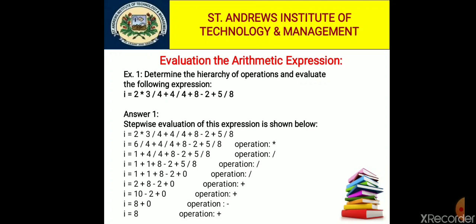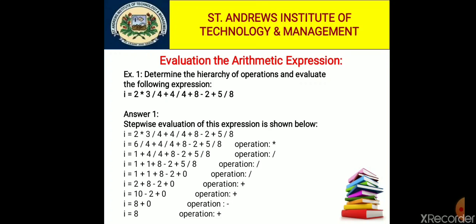So as we discussed above, we have 3 operators in first priority, but in this expression we have 2 operators, multiplication and division. So first of all, according to the associativity, we will finalize whether we will move from left to right or right to left.